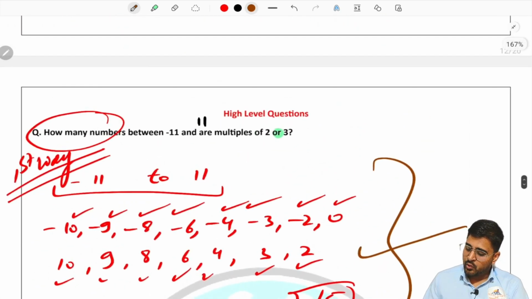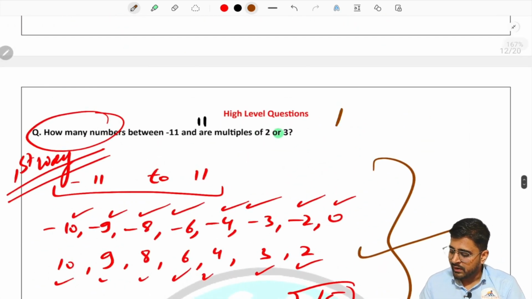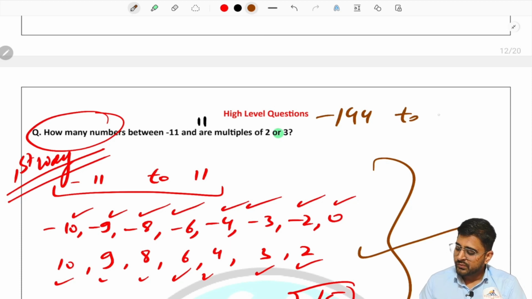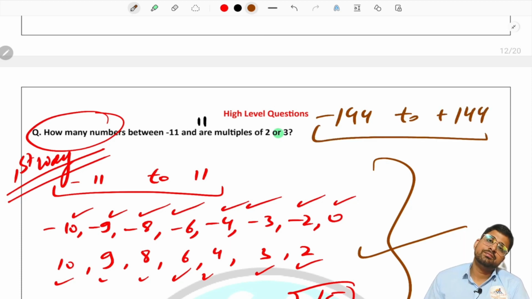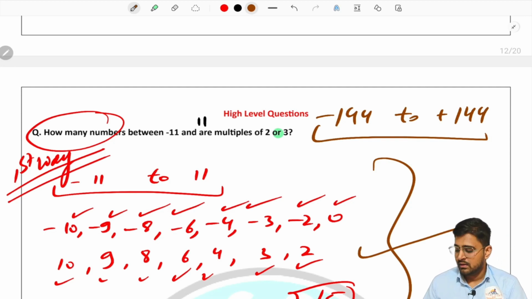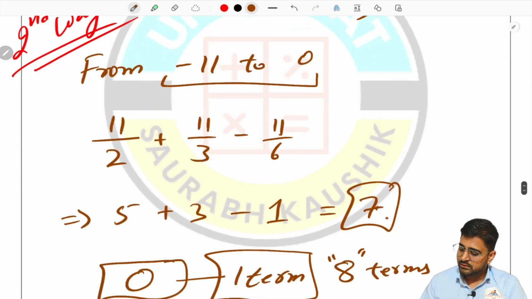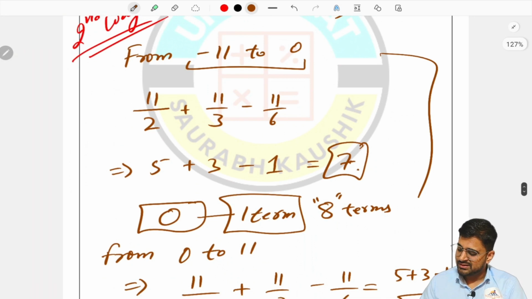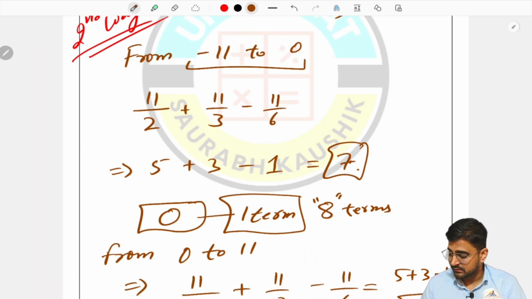But this is a small number. If it says minus 144 to plus 144, then what will you do? It becomes difficult for you to calculate. So if you know this, it's not a formula, it's basic common sense.